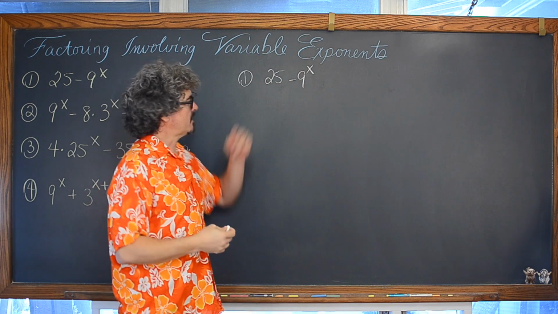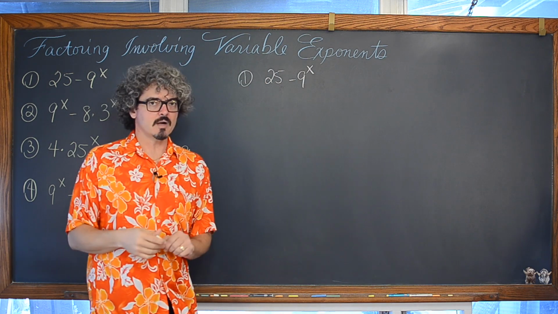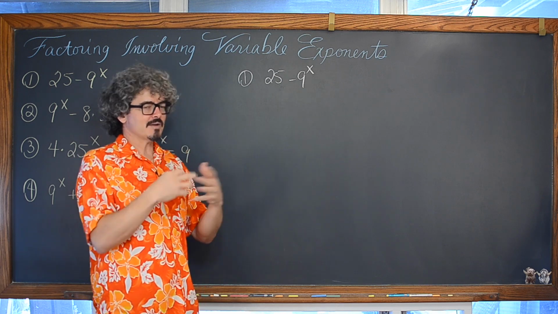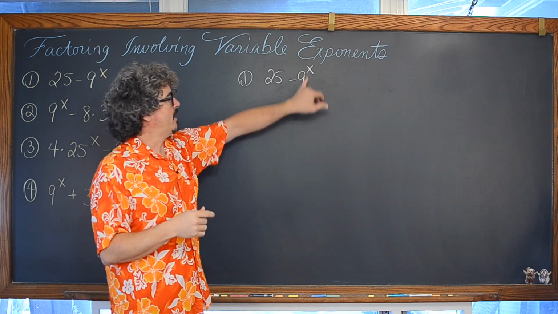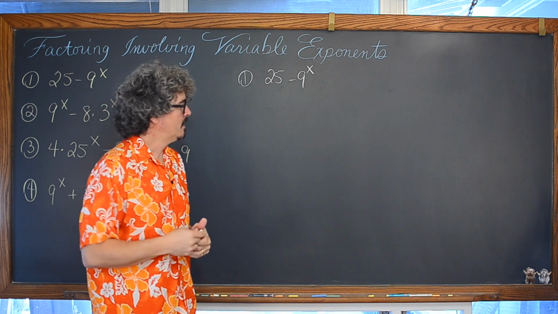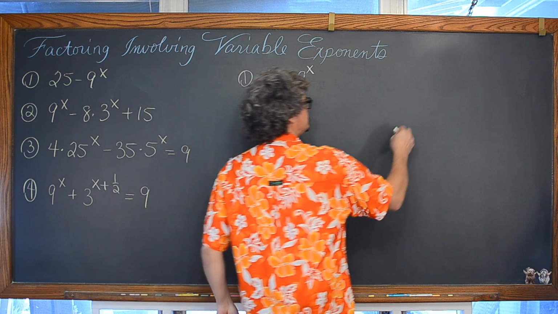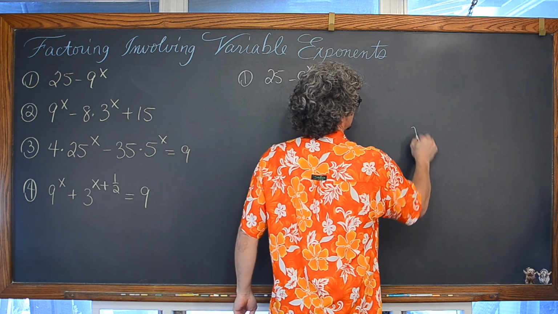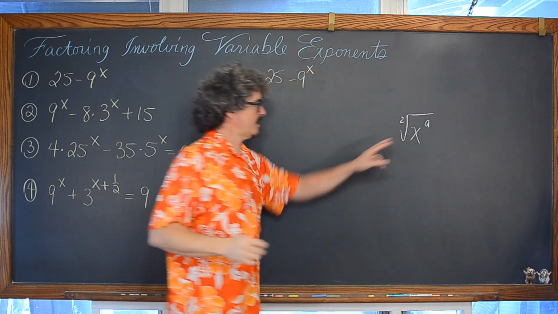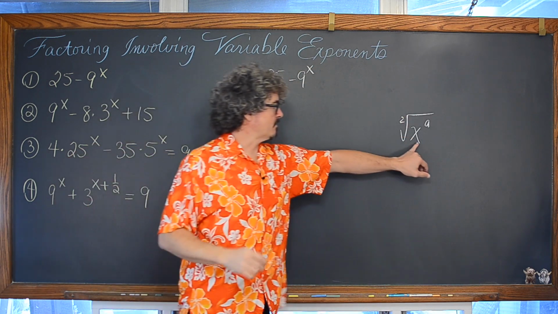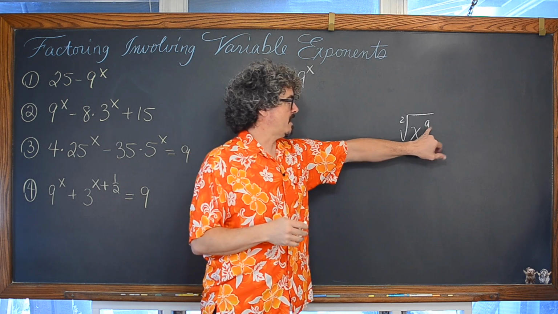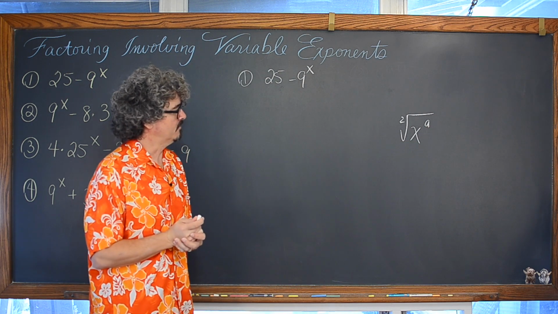Now, you might recognize the 25 as being a perfect square, and you might be tempted to look at that 9 as a perfect square, and actually that's kind of important, but when you have exponents, you want to see that, and remember that when you take the square root of some base to a power, now here our base is a variable, how you're probably used to seeing these problems, and we have a constant power of a.